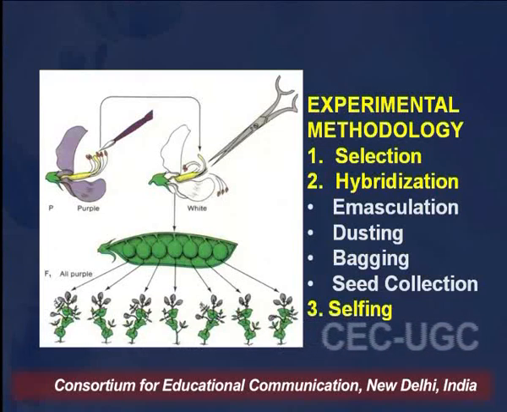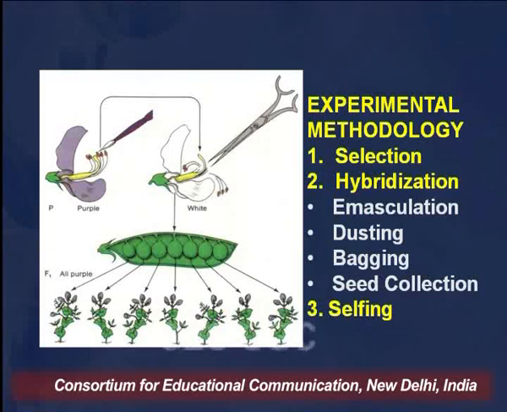So technically this flower now became a female one. Then the pollen grains from the other parent with the desirable contrasting character were dusted onto it, the keel was set free, and finally the flower was bagged.